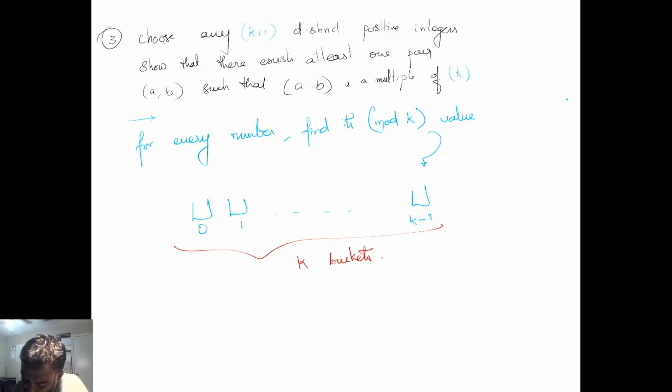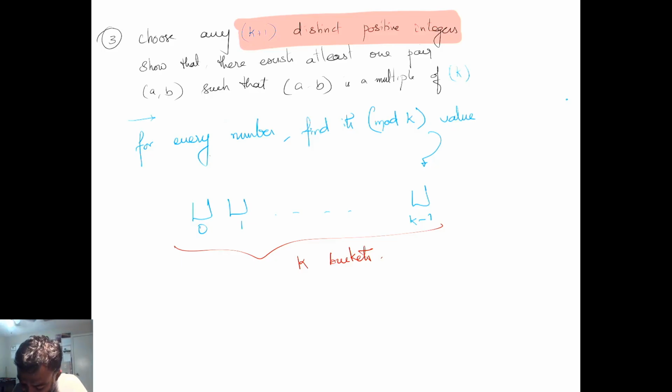Now go back to the question. The question tells you that there are k plus 1 distinct positive integers which are being chosen, correct? So does it make sense to say that these k plus 1 distinct integers are like the balls in this case, and for each one of the balls that you throw, if you find a mod k value, you have to throw them only inside any one of these k buckets.